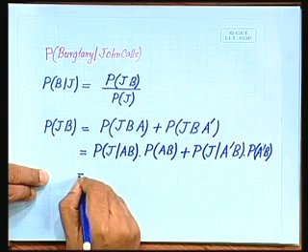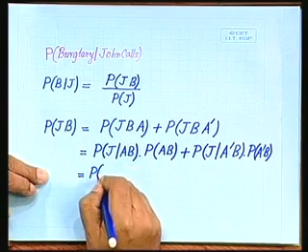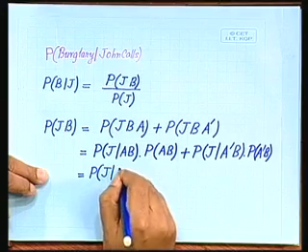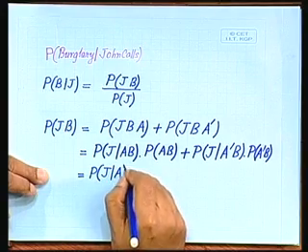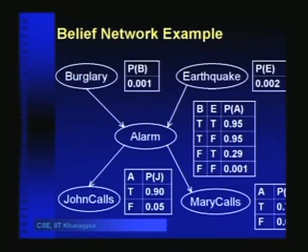Now, P(J given A, B) is the same as P(J given A). Why? Because if we look at the belief network structure, then you will see that P(J given A and B) is the same as P(J given A), because A separates B from J, right.